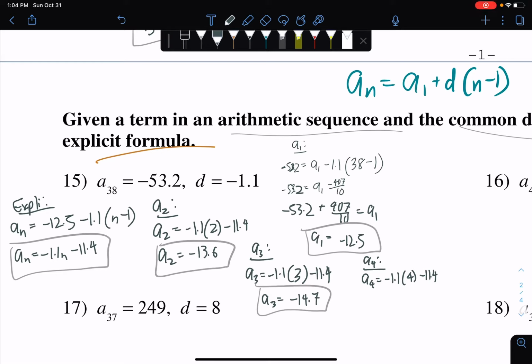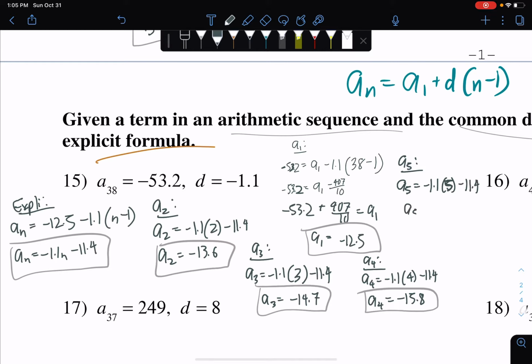Our answer is a sub 4 is equal to negative 15.8. For a sub 5, a sub 5 is equal to negative 1.1 times 5 minus 11.4. A sub 5 is equal to negative 16.9.